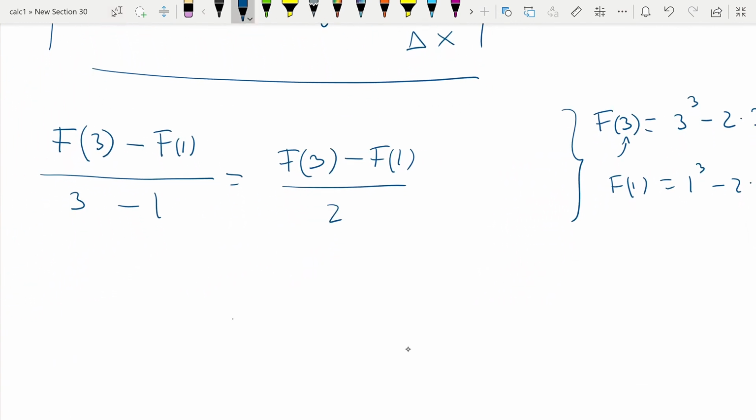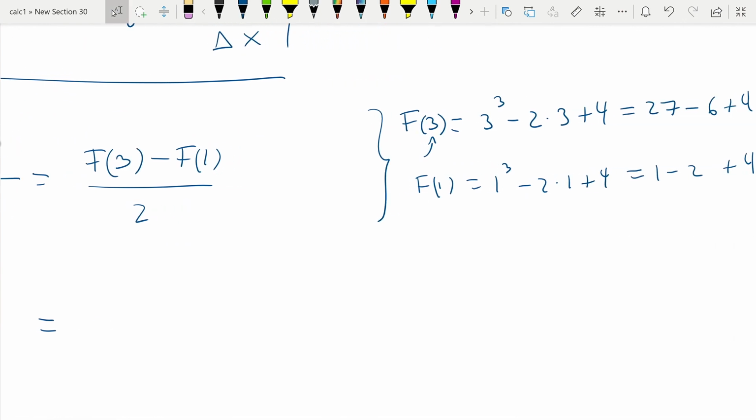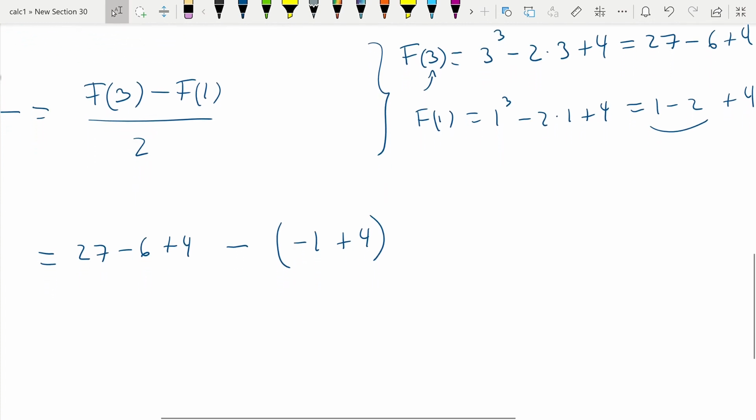And so we can write f of 3, which is just 27 minus 6 plus 4, and then all of that minus 1. 1 minus 2 is negative 1, so minus 1, and then we're adding 4. That's f of 1, and we divide that by 2.